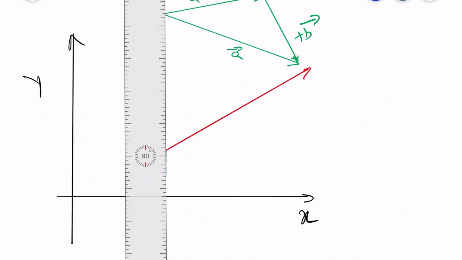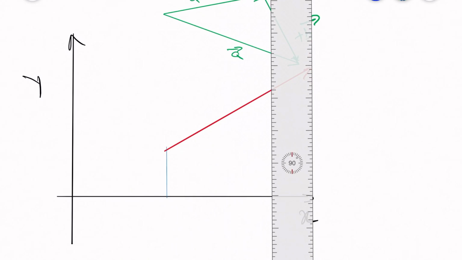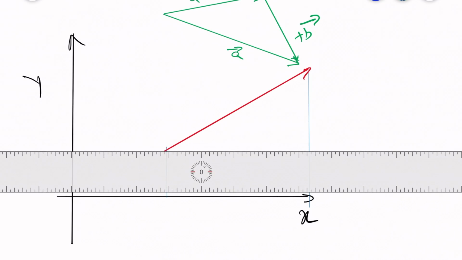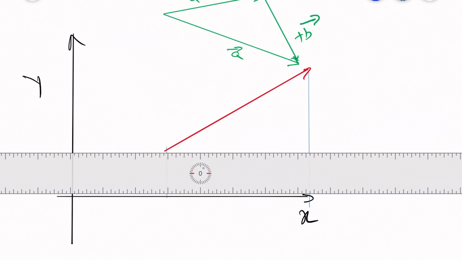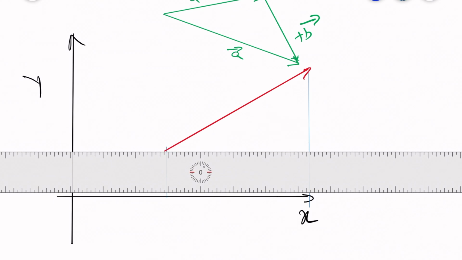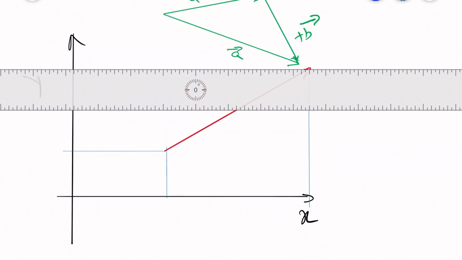So, this is one projection. Now, we go to the other side. This is another projection. Now, we do y axis projection. So, this is one end, this is another end.